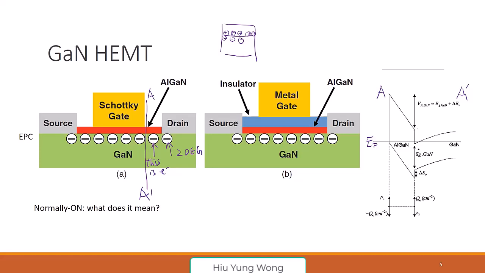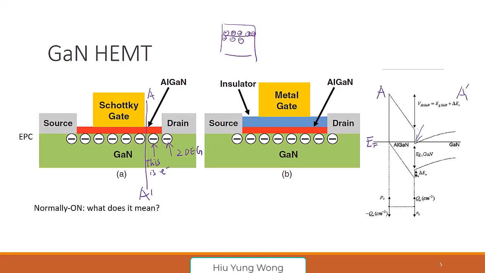So overall it is actually positive charge, but it's a fixed polarization charge. Because of this fixed polarization charge, it pulled down the band, and as a result, I claim that I have a lot of electron at this point. Why is that, based on this band diagram?